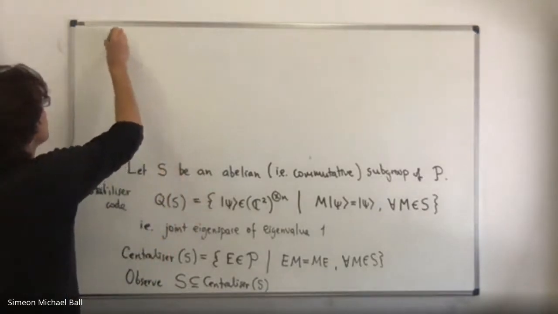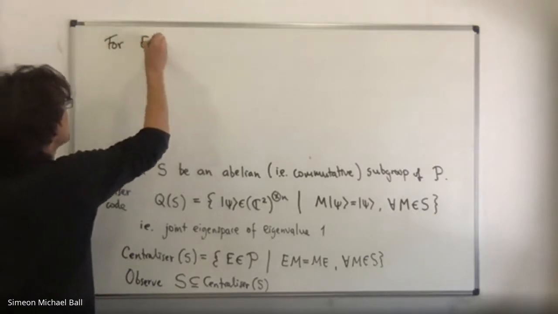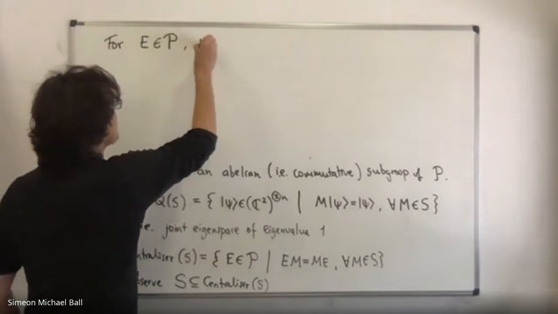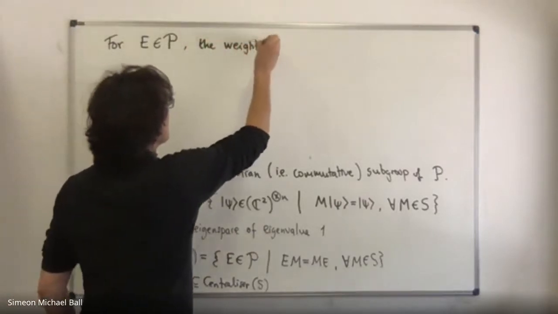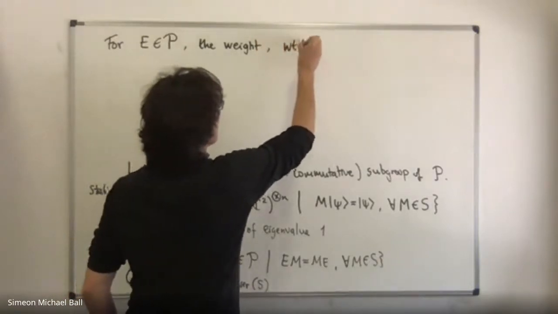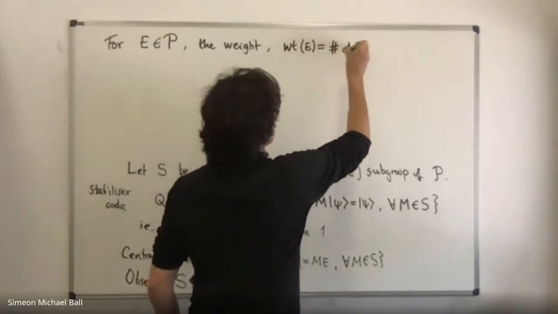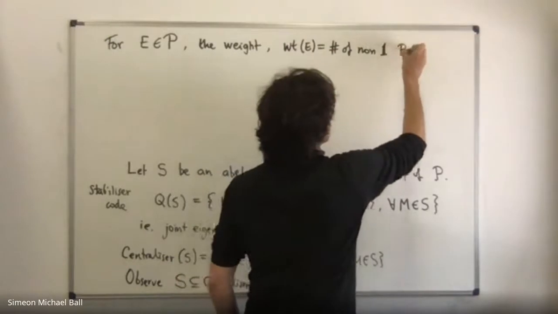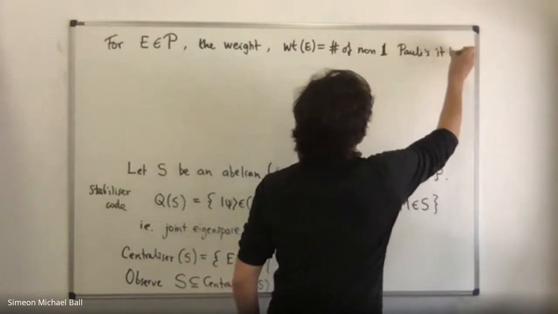For any E in P, define the weight of E, call it w(E), as the number of non-identity Paulis.